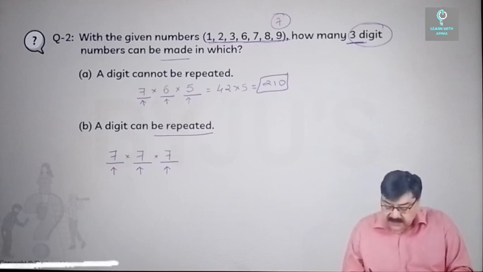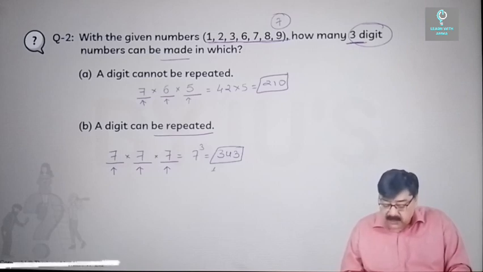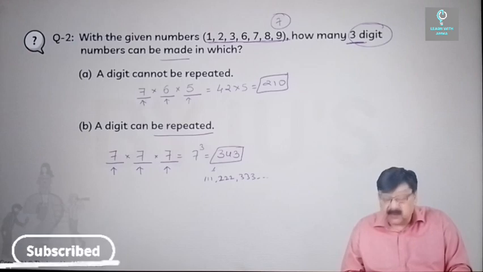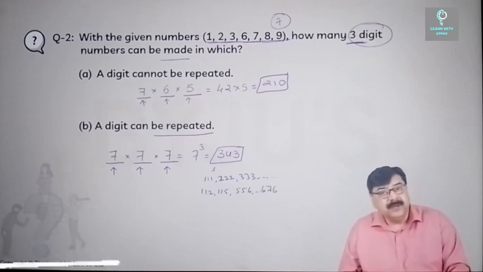So 7 into 7 into 7 is 7 cube, which is nothing but 343. So 343 such numbers can be made. Now these will include 111, 222, 333, and so on. This will also include 112, 115, 556, and so on, or even 676, because digits are allowed to be repeated.